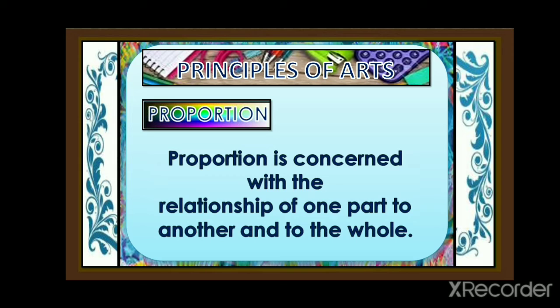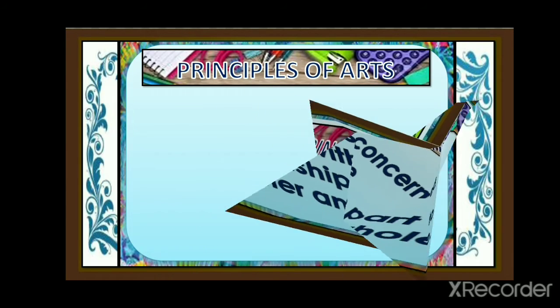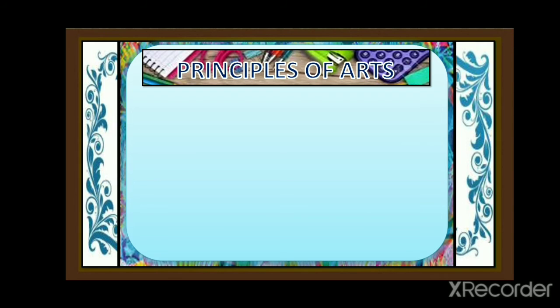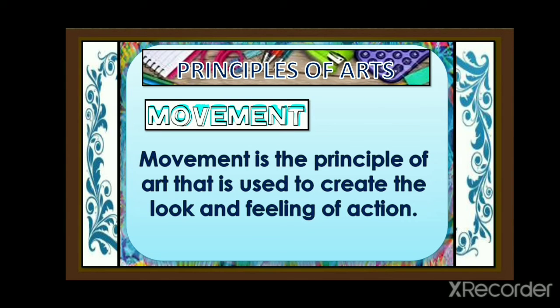It can be achieved by the use of colors and size. Another is movement. Movement is a principle of art used to create the look and feeling of action, to guide the viewer's eye throughout the work of art.